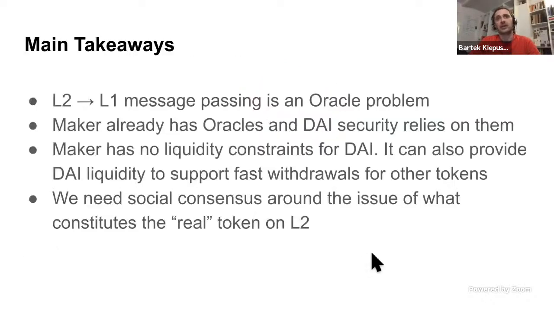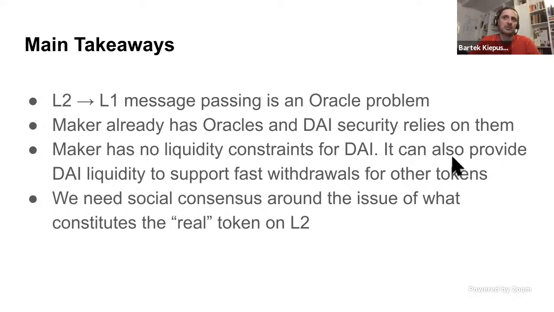So main takeaways: message passing from L2 to L1 is an Oracle problem, and Maker already has an Oracle network, and DAI security actually relies on them, so we can easily leverage this construction. Maker also has no liquidity constraints at all for DAI, so there will be no problem of liquidity crunch.